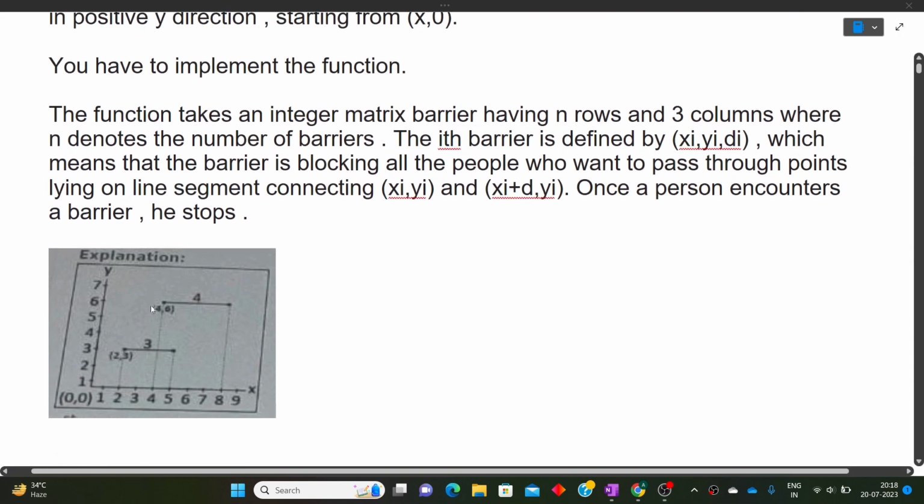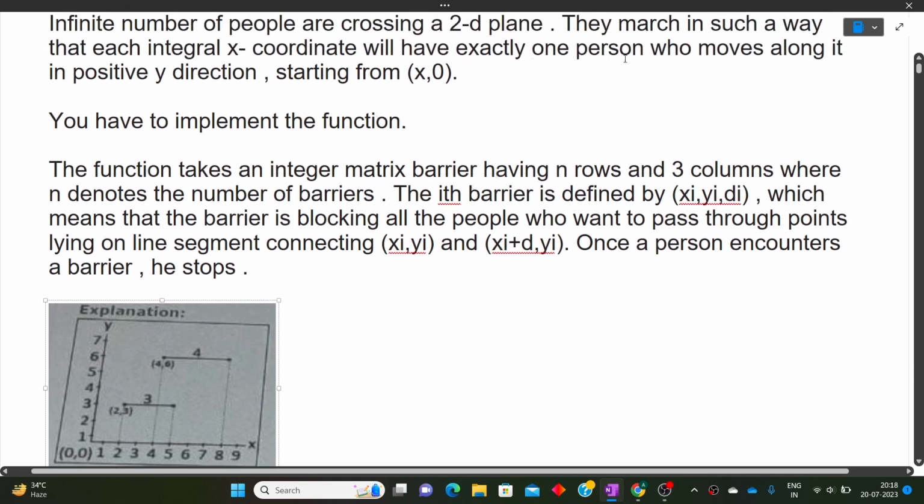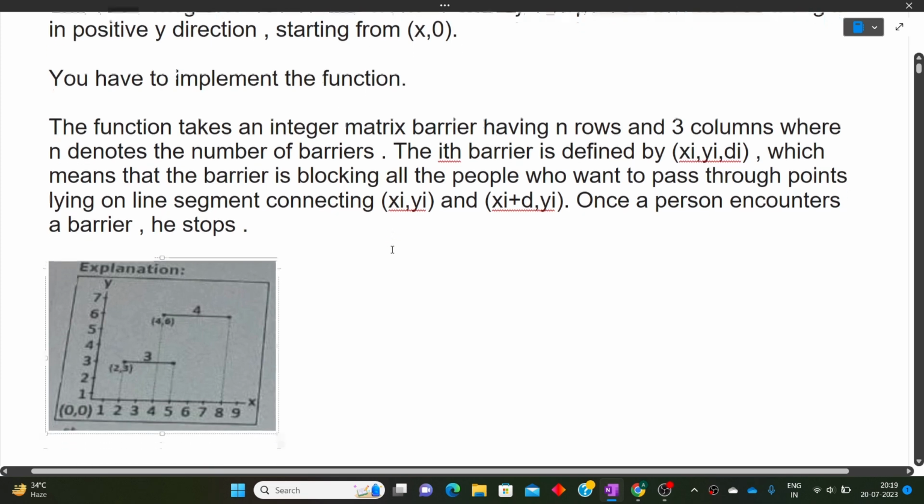Let's understand with the help of this diagram. So this is a 2D plane, x-axis and y-axis. On the x-axis, each number, that is 1, 2, 3, 4, 5, denotes a person. So one person is standing at position one, one person is standing at position two, one person is standing at position three, and so on. Here it is written that one person moves along it in the positive y direction starting from x comma 0.